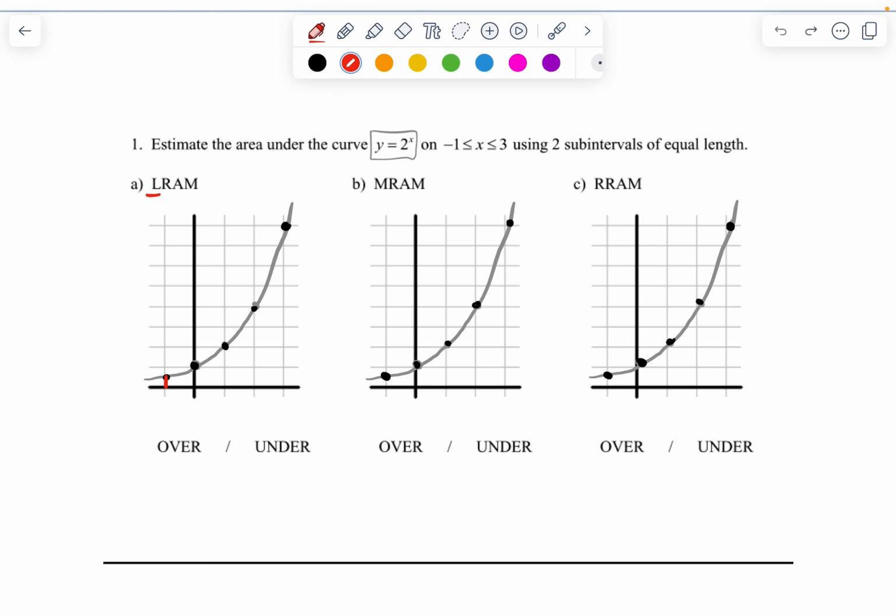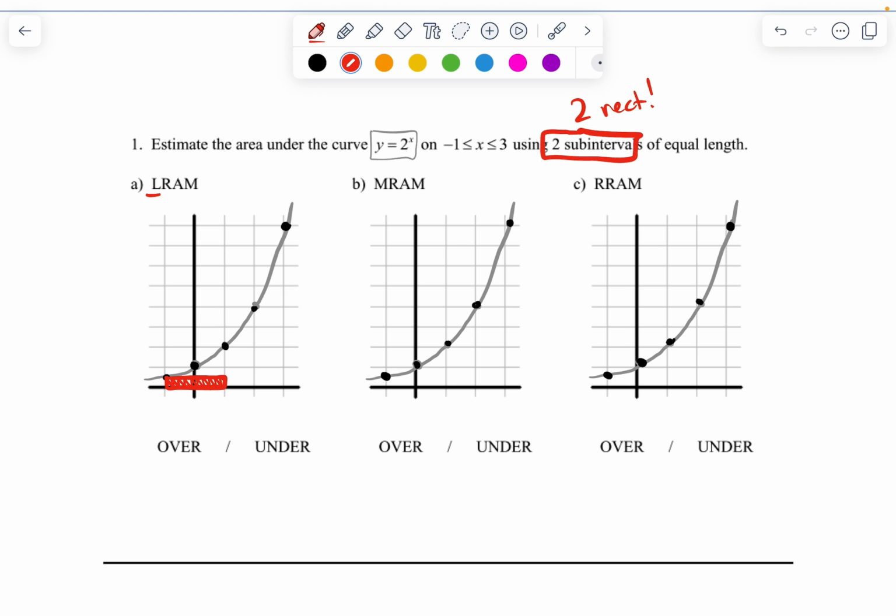Oh, geez, I take that back. You're only doing 2 subintervals? Oh my gosh, that means I'm only getting 2 rectangles. So it has to split this area in only 2 different rectangles. That would mean it has to touch here and go all the way to here. That's rectangle 1.